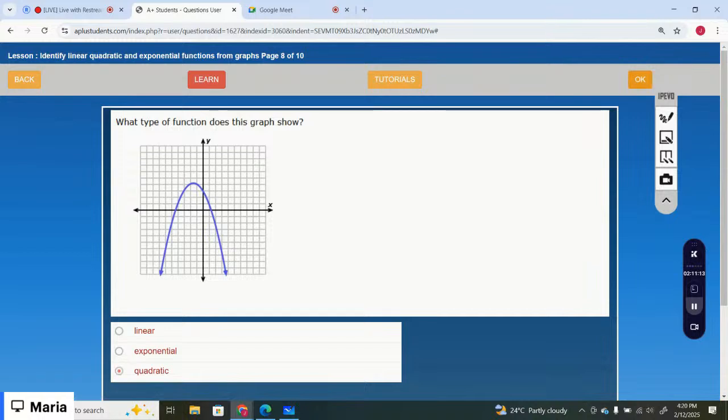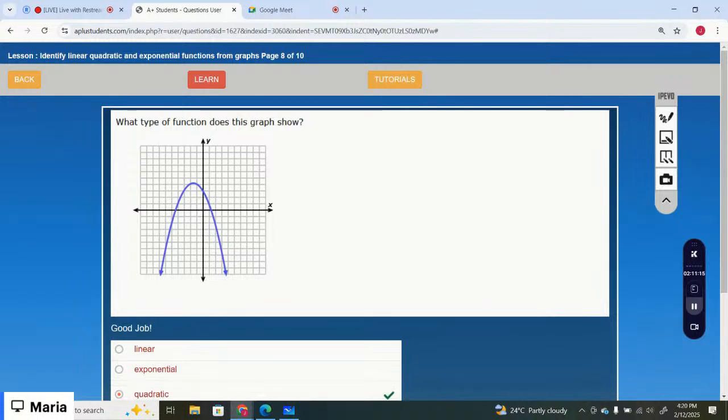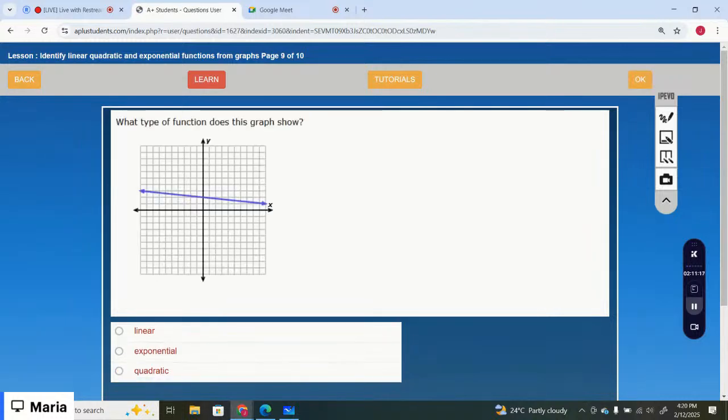Option 3 is the correct option. What type of function does the graph show? That is the linear function. Option number 1 is the correct option.